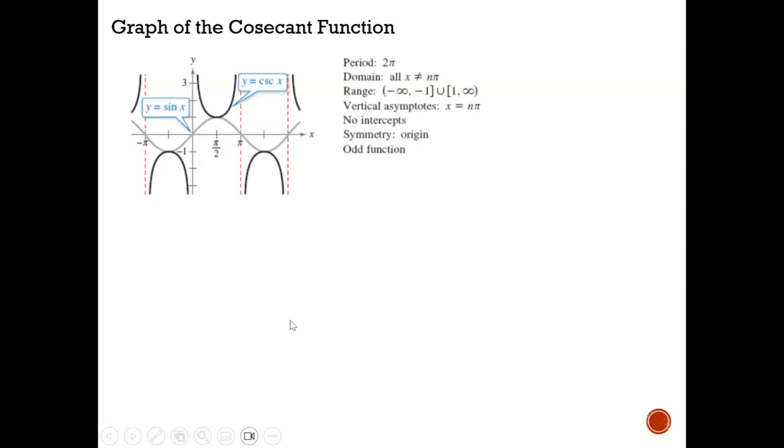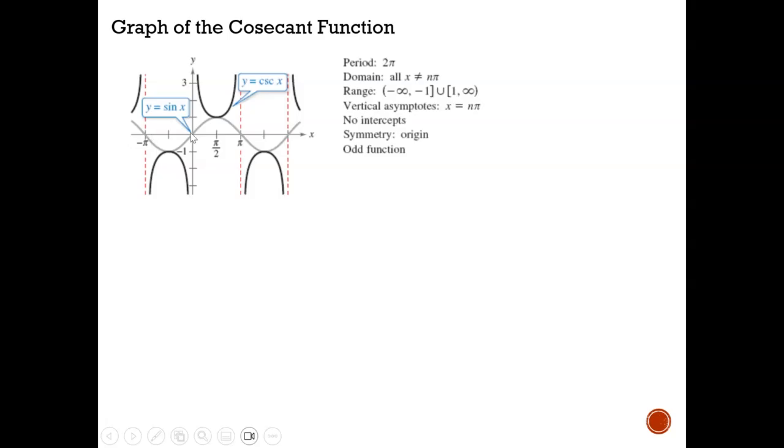Now comes graphing the cosecant function. Hey guys, to graph the cosecant function, first you have to graph the sine function. You have to. That's why I spend a lot of time on graphing the sine and the cosine. Because to graph the cosecant, you first have to graph the sine wave. And then every time there's an x-intercept, right?